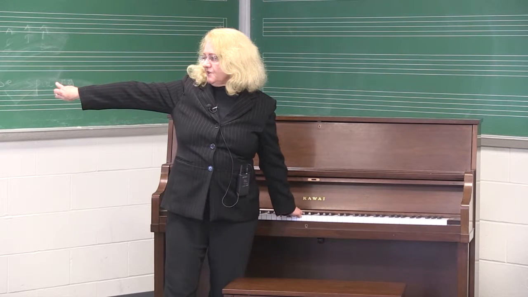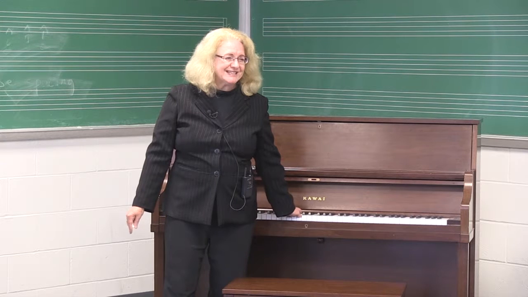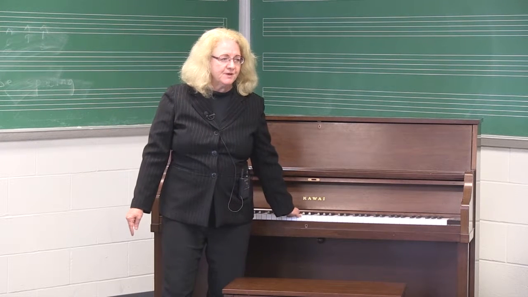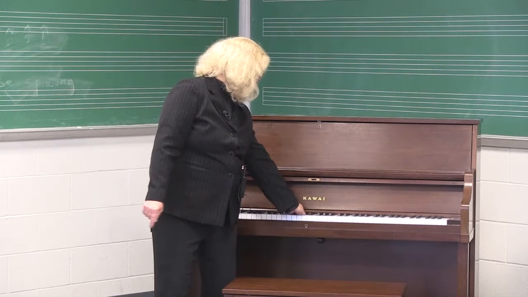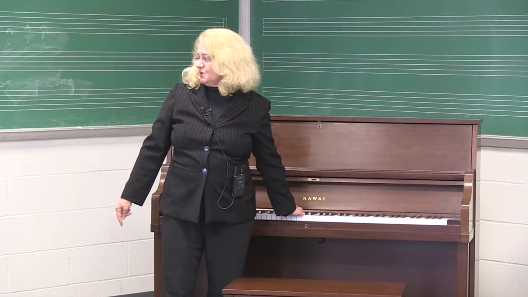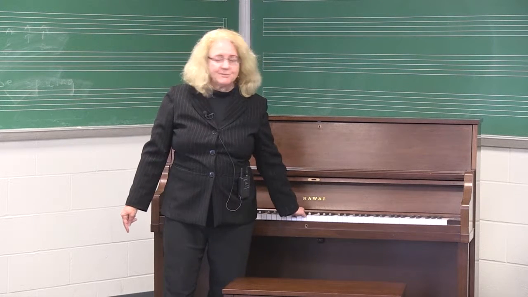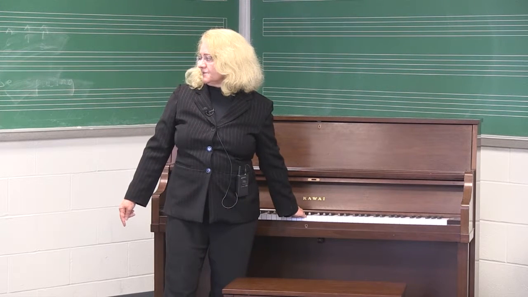F major, F A C, the four chord, or also called the subdominant chord. G, B, D, G major, or the five chord, the dominant chord in the key of C.